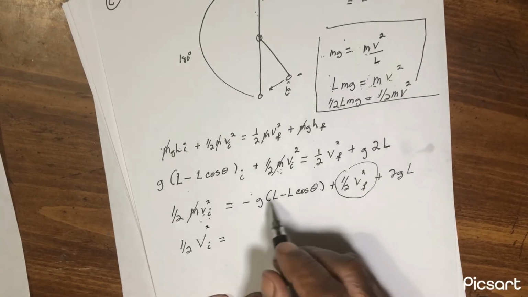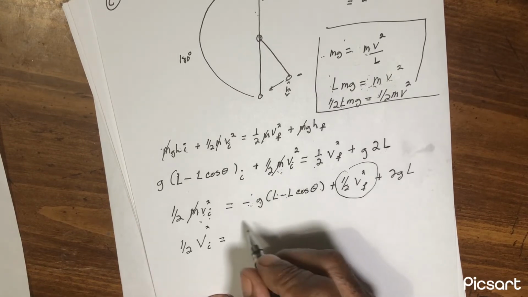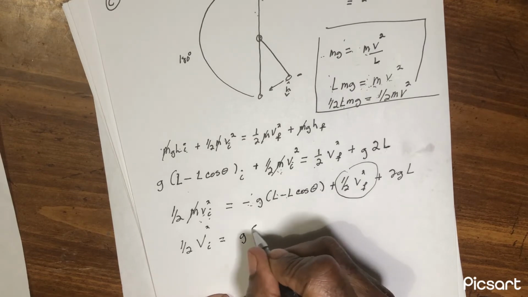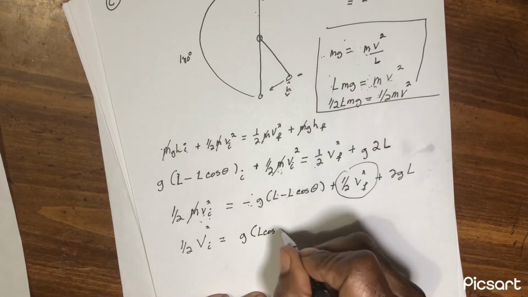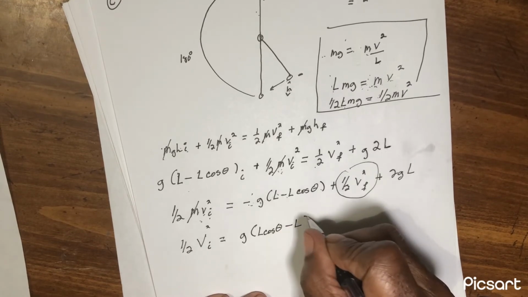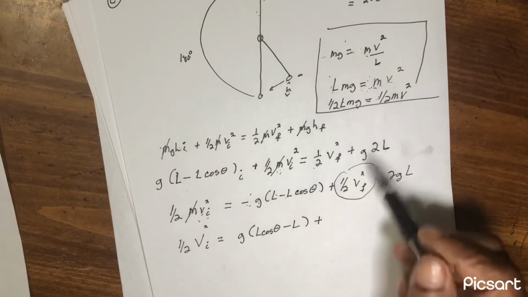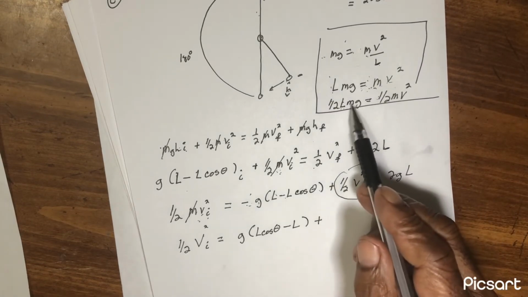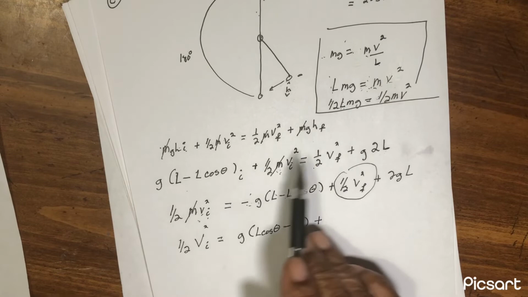is equal to, well, we can take this minus in here and change this around and make it look a little bit better, is g times L cosine theta minus L plus the expression in terms of L. The g's and the m's cancel, just as for the original that I put it in there.